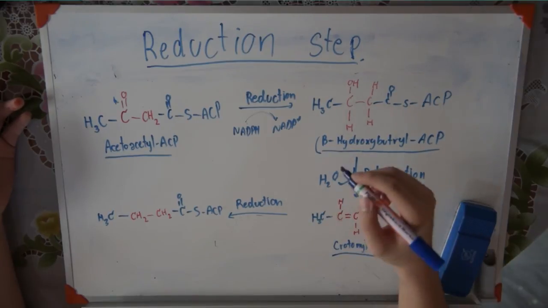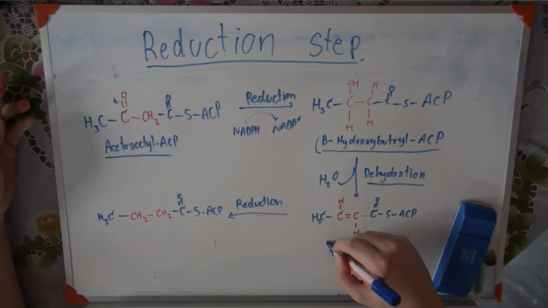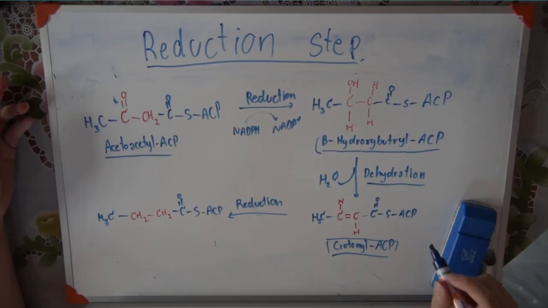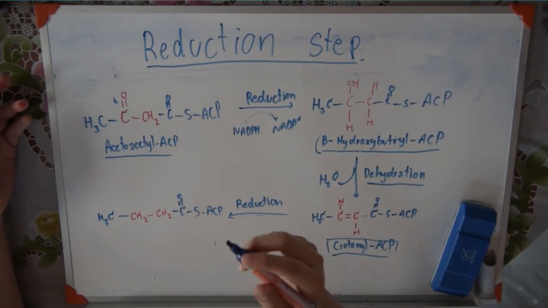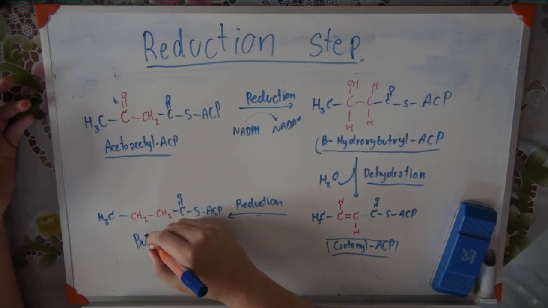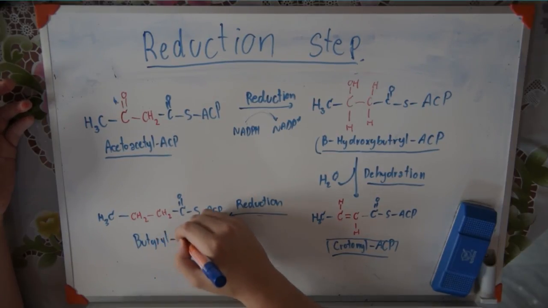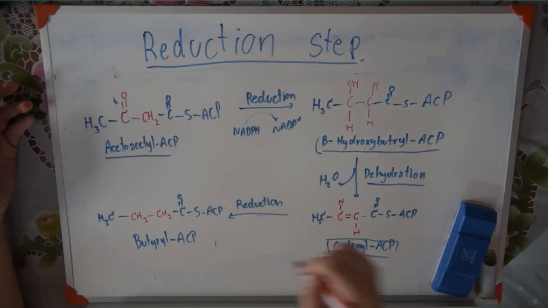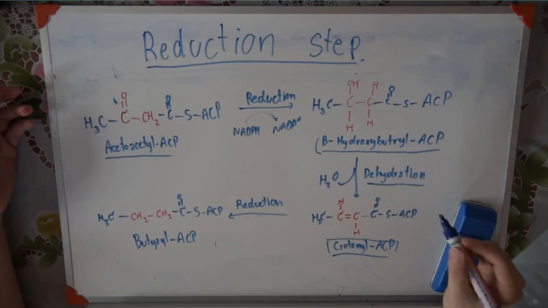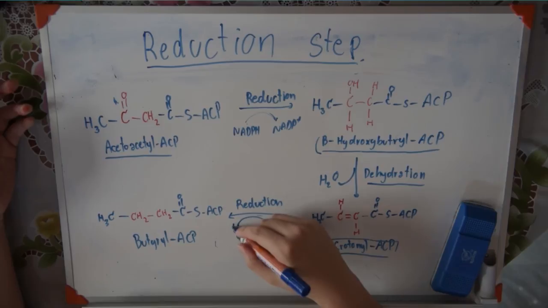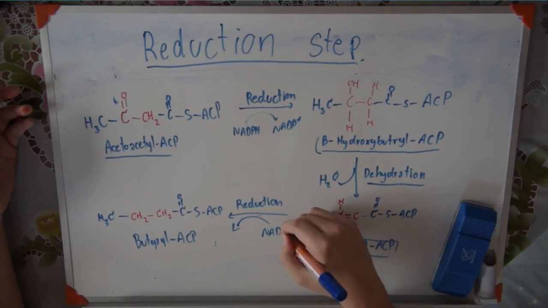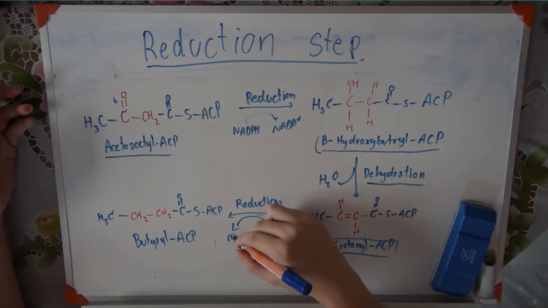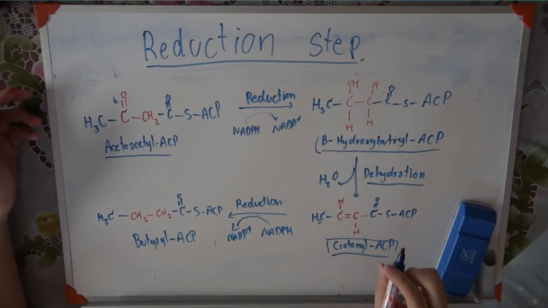Another reaction step is the conversion of the crotonyl ACP, using the same NADPH, which becomes NADP plus, to what is called butyryl ACP.